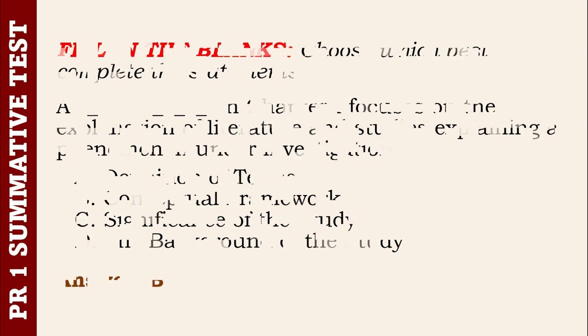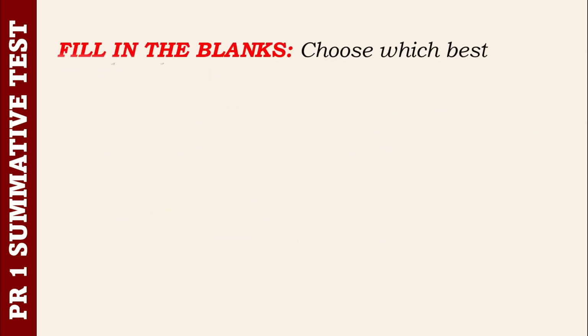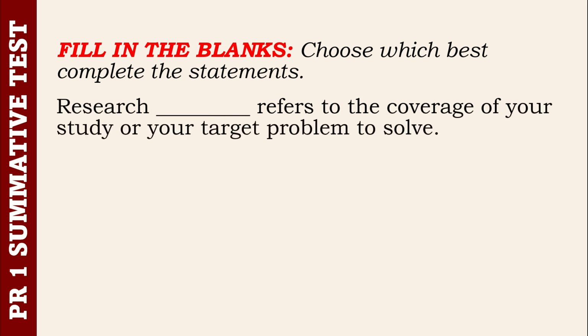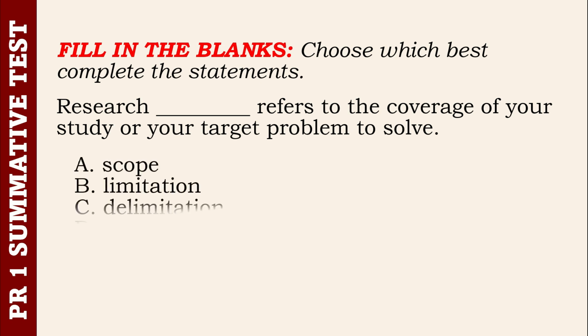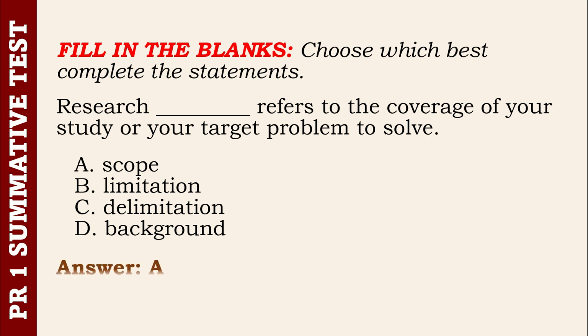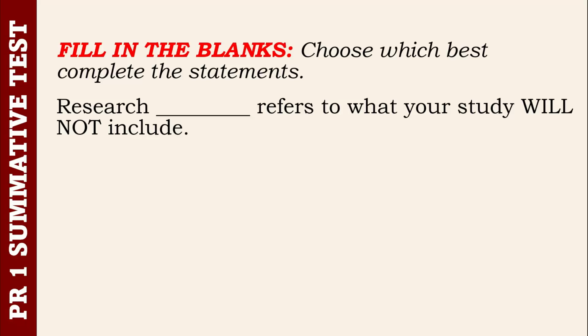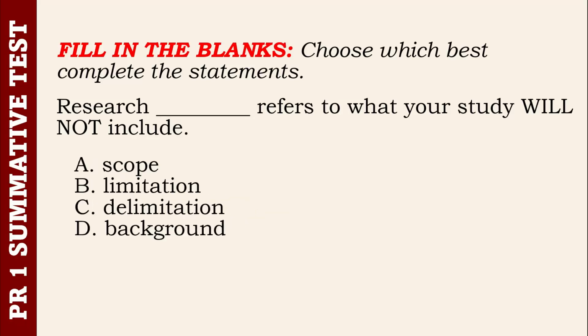How about this one? Research blank refers to the coverage of your study or your target problem to solve. Is it the scope, the limitation, or background? The answer is letter A, scope. For the next item, research blank refers to what your study will not include.